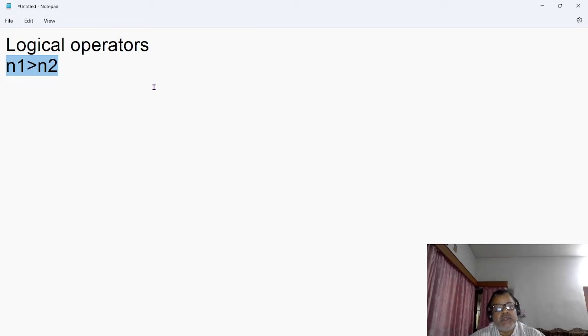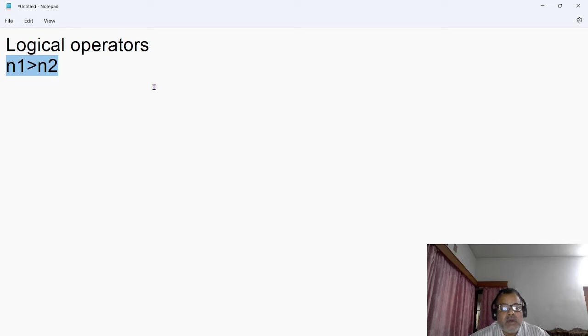First, I want to take one example from real life. If I say that the C class will be organized on Monday at 12 o'clock, what does it mean? To start the class of C, first, the day must be Monday, and second, the time must be 12 o'clock.